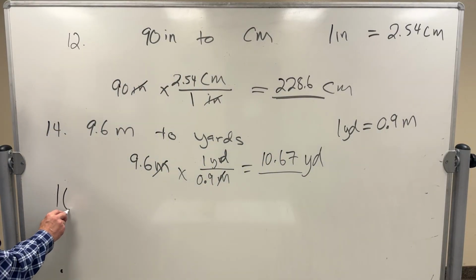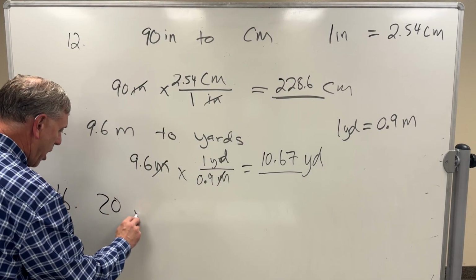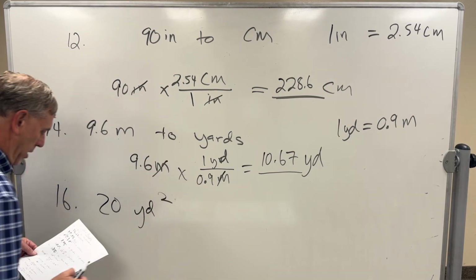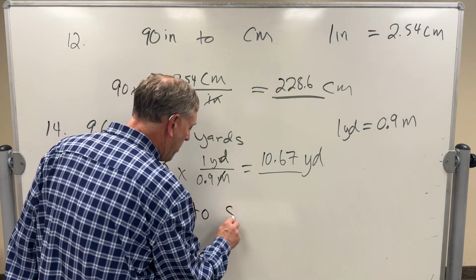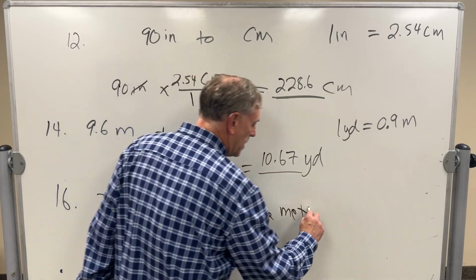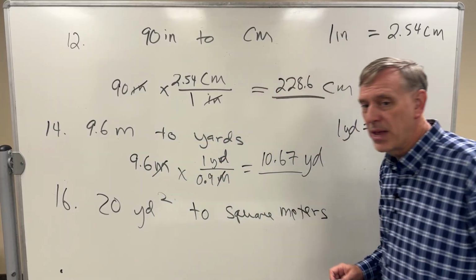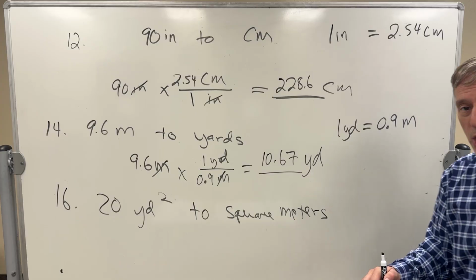This is number 16. And number 16, we have 20 yards squared. And we want to convert this to square meters. Now, here's the temptation, is to use this as your conversion, but that will not work.